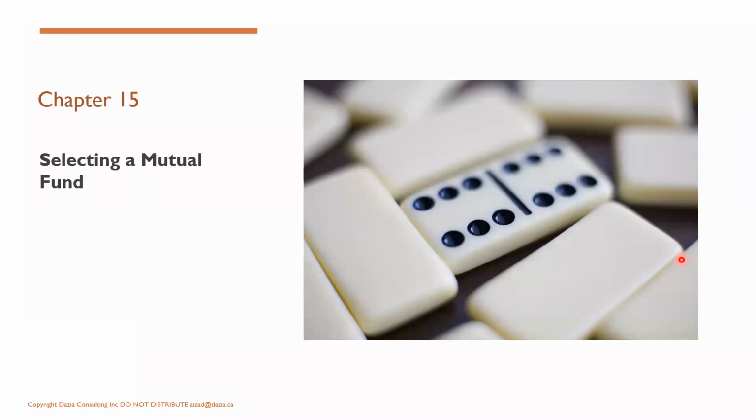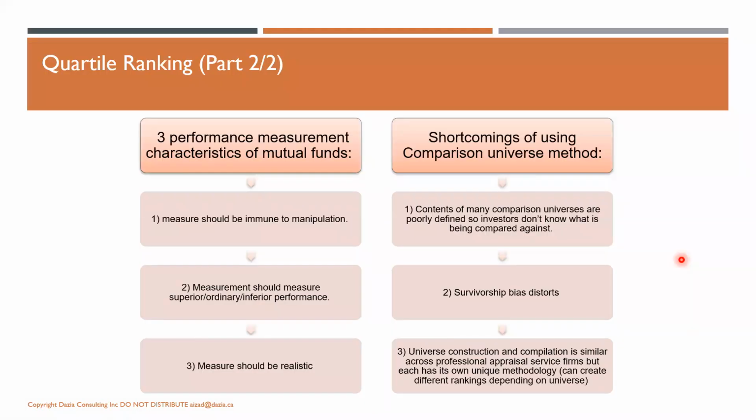All right, so that was it for chapter 14. Any question on this? So what is actually survivorship bias? Bias means preference, like you're giving special preference to something.